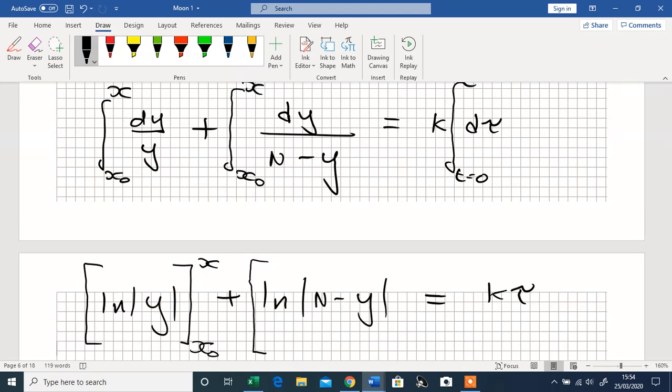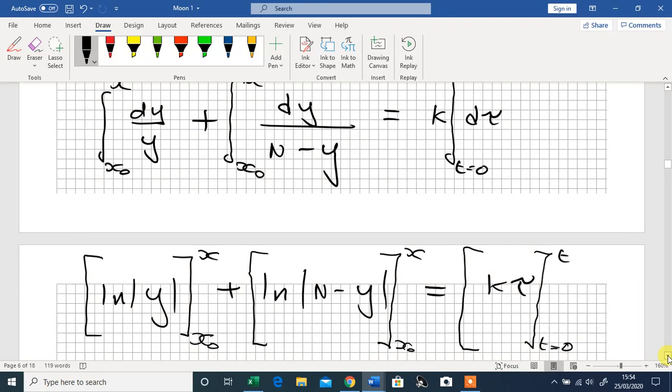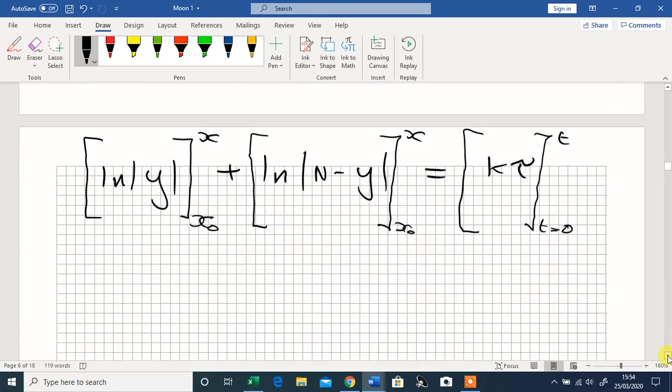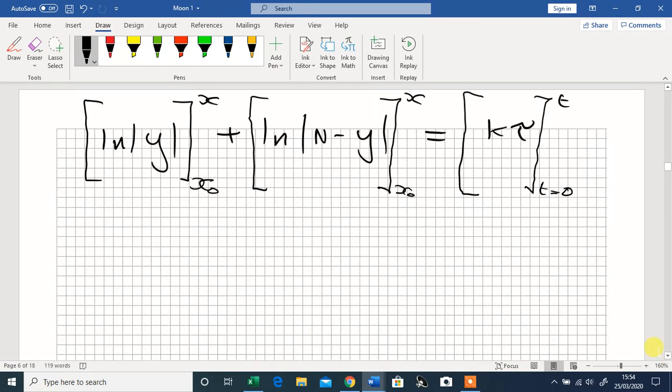This also has the same limits, x0 to x, and that goes from t equals 0 to t. In fact, we could just say 0 there. I do apologise for my handwriting because I'm not very good at actually writing on these pads, but there are other benefits, which is why I do it. So please bear with me.